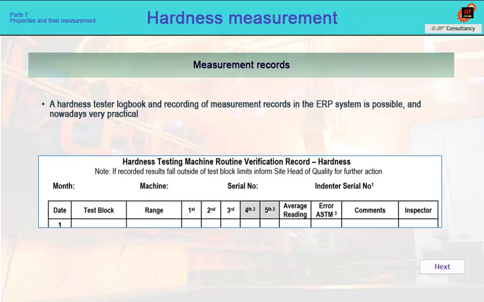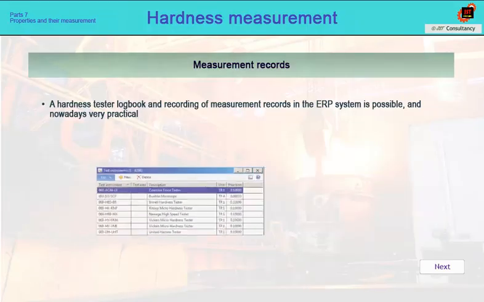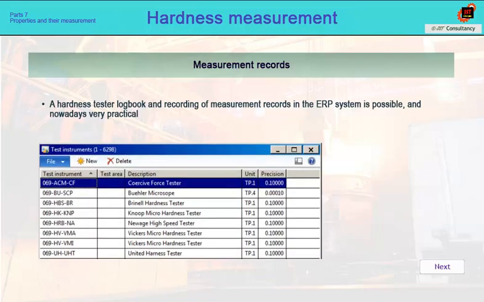Nowadays, however, many of these records are handled directly in the ERP system in electronic form, as are individual measurements. The records should enable full traceability of the measurement, which means that the measurement was performed on a validated instrument, when and by whom the measurement was performed, and with what result.